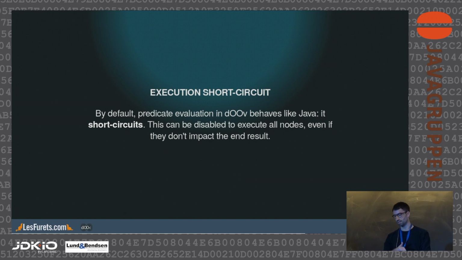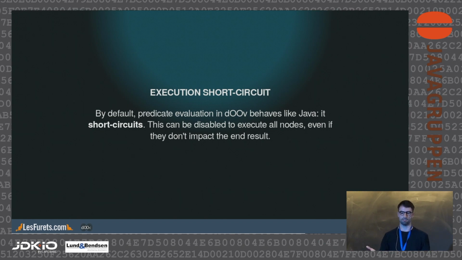There's something in pretty much all languages when you're doing boolean logic, which is called short-circuit. What that means is basically if you already know that a boolean predicate is false, you don't necessarily have to execute all the nodes in the tree.